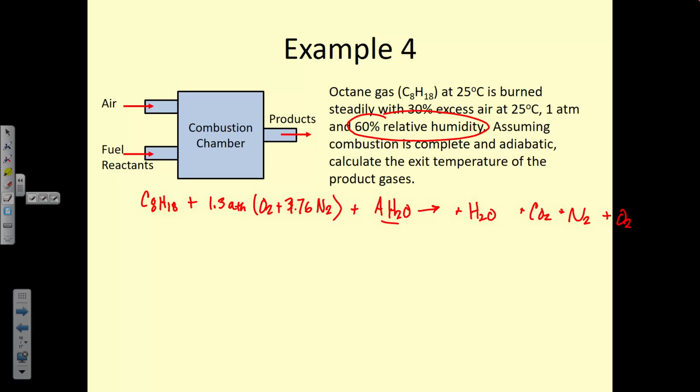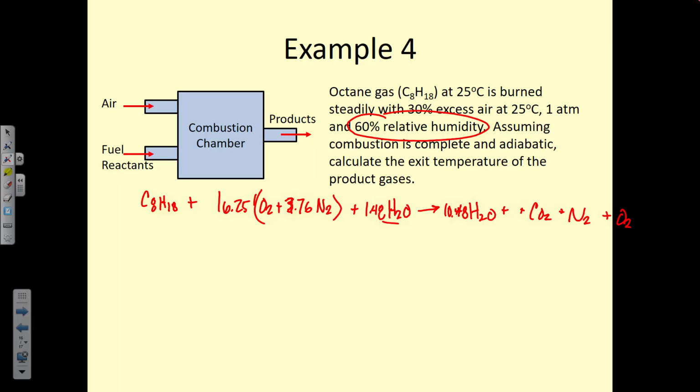Our A theoretical is equal to 12.5. So this is 16.25 O2 plus 3.76 N2. This amount of H2O is 1.48. The amount of H2O on this side is 10.48.